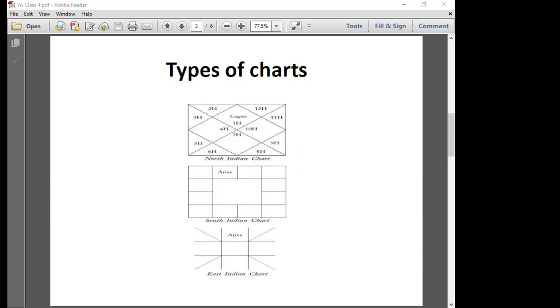All right, and the houses represent certain characteristics. And the signs falling in these houses also represent certain characteristics. The interaction of the planets with the signs, that means the intermingling of the two, indicates something that the astrologer must interpret according to his or her own logic.